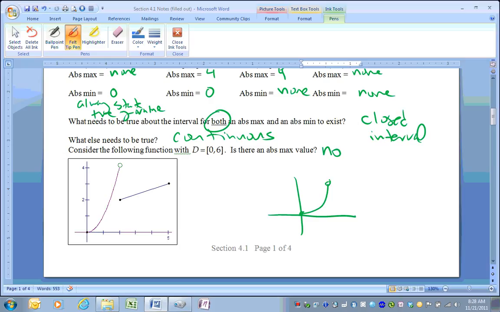When I think about it, we could have done that, but if it's not continuous, there's a good chance it may not have an absolute max. Continuity guarantees that you'll have an absolute max. That's kind of the key thing here.